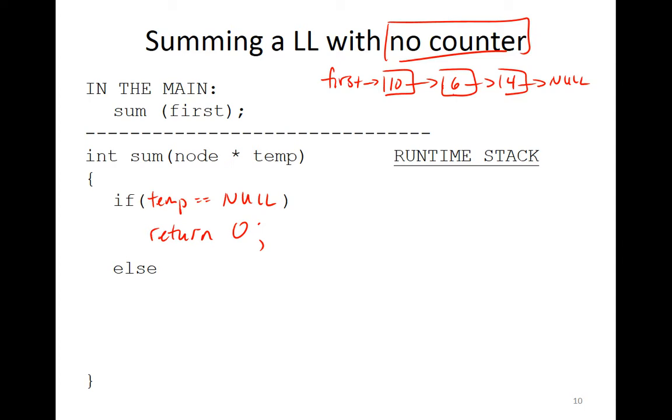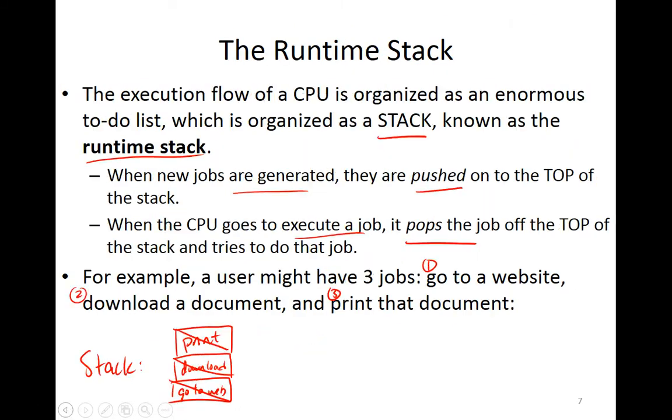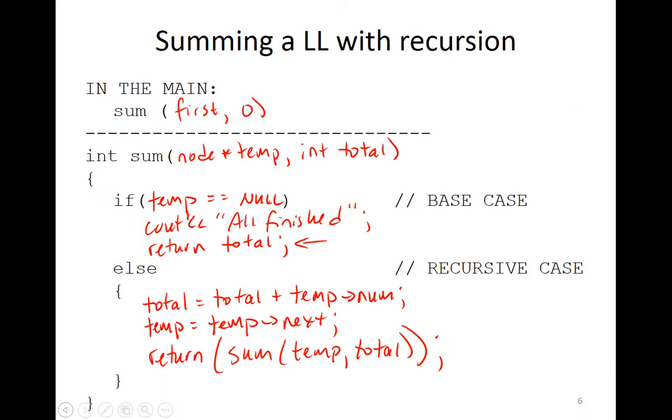On the other hand, if temp is not null, I want to do stuff. I want to add my current number into my growing sum. Before, we used a variable for that, total, and we said let me update total, let me toggle temp, and then call the function again.